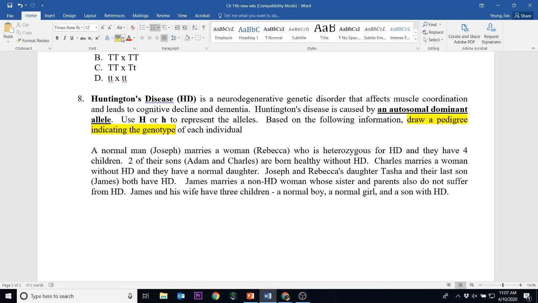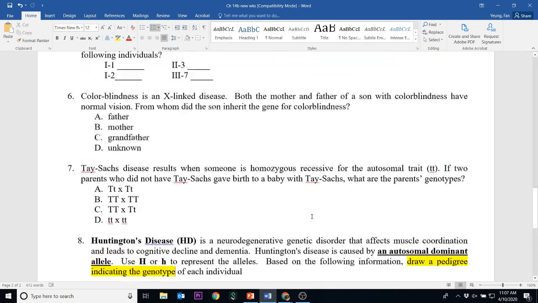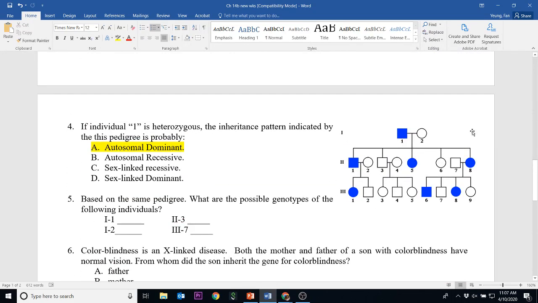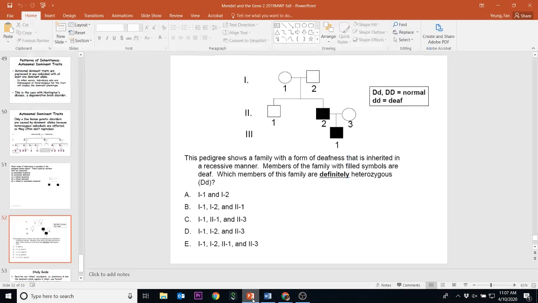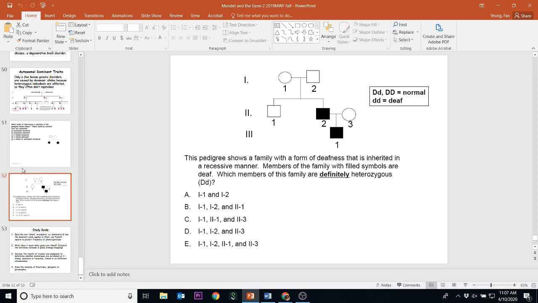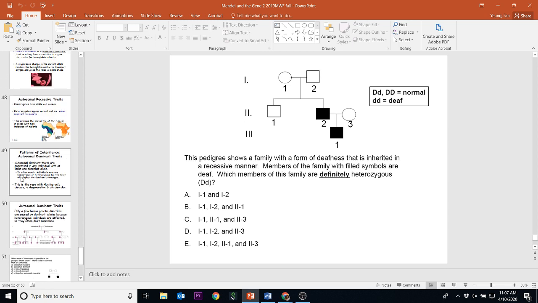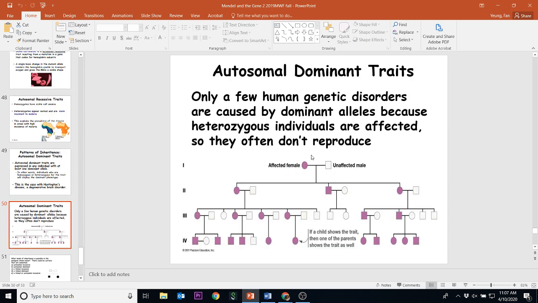Okay, let's do Misty's first. So in autosomal dominant, this example here, I gave one exactly like that in the PowerPoint. Let's look at it real quick. This one on the worksheet is exactly like this one on the PowerPoint, okay?